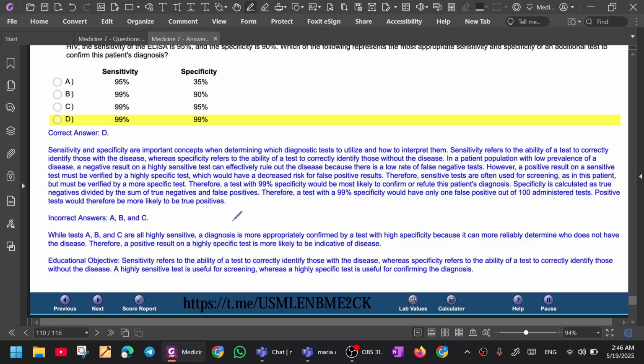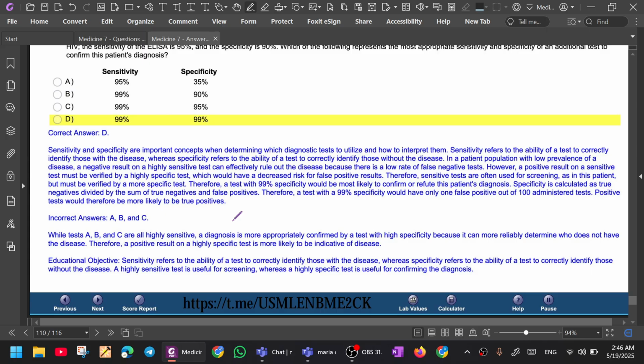In a patient population with low prevalence of a disease, a negative result of a highly sensitive test effectively rules out the disease because there is a low rate of false negative tests. Therefore, positive results of a sensitive test must be verified by a highly specific test, which would have a decreased risk of false positive results.